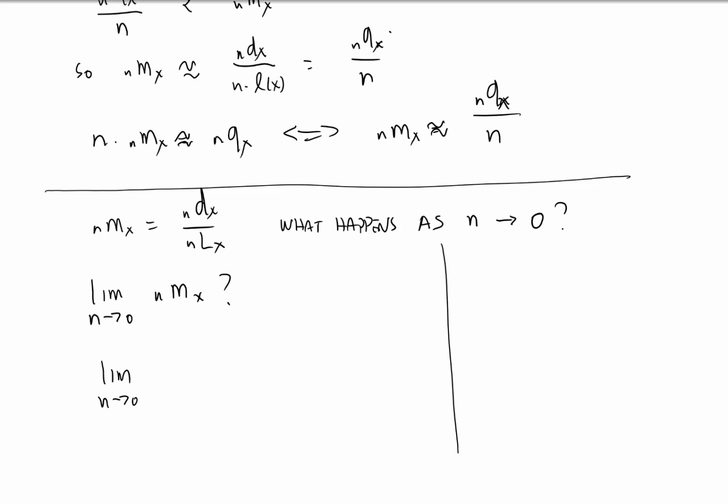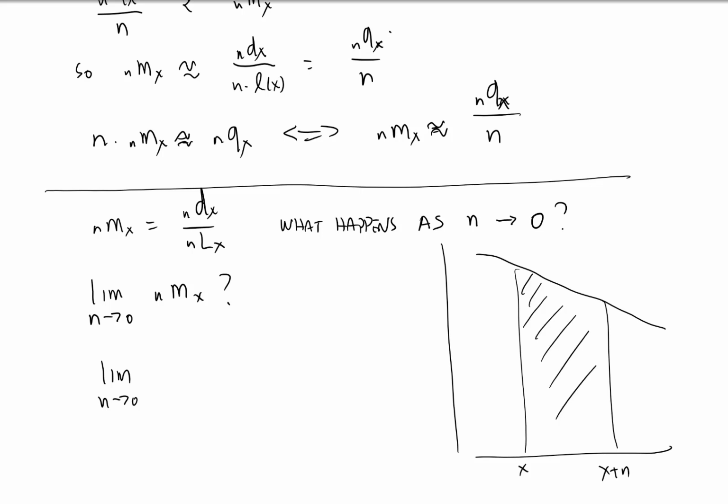So what we're doing is, let's take a look at, we know this is our x, this is our x plus n. We're looking at this area, and we want this mortality, ndx. So this is lx, this is lx plus n.